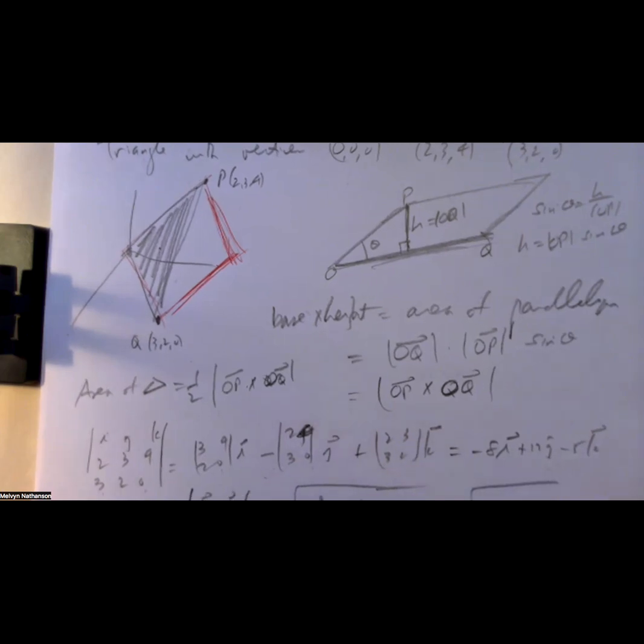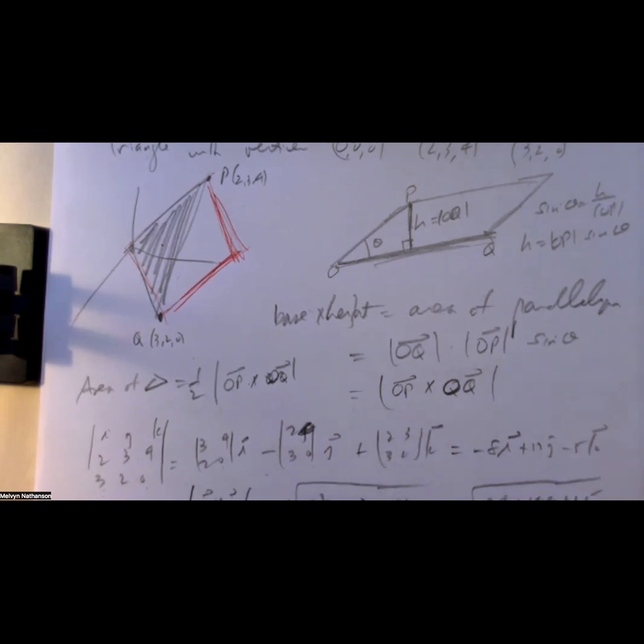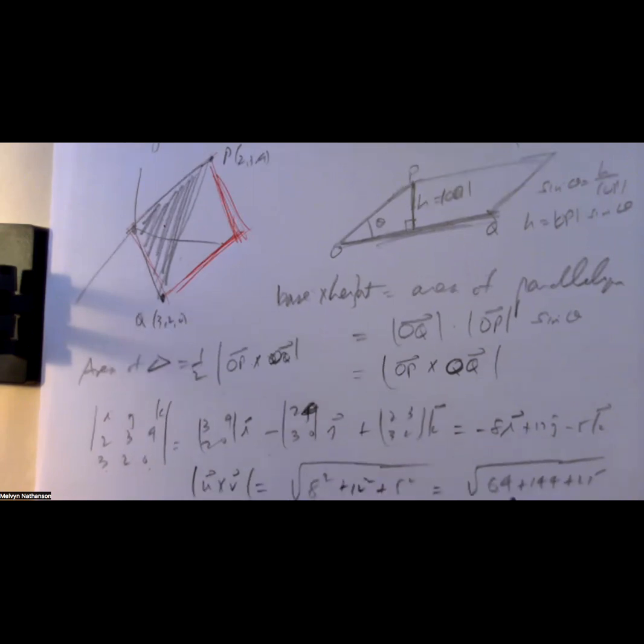And the length of this vector is the square root of 8 squared plus 12 squared plus 5 squared, which is the square root of 64 plus 144 plus 25, which is the square root of 233.